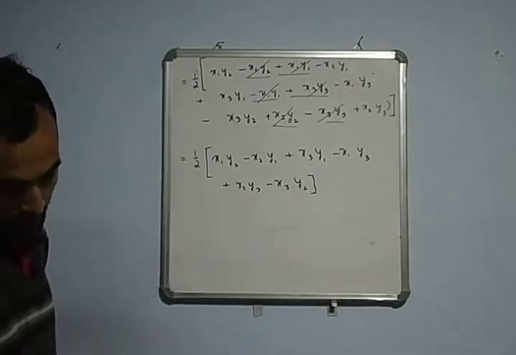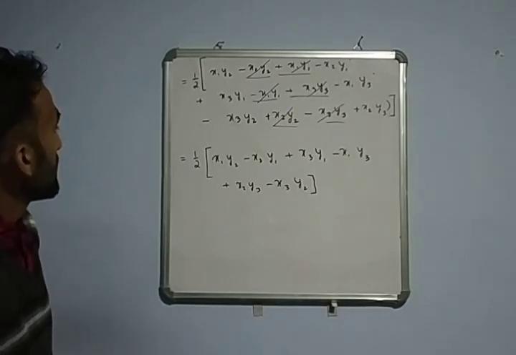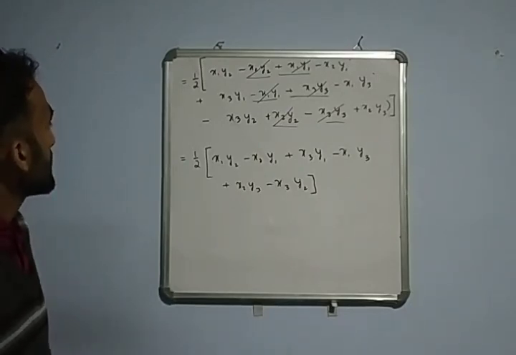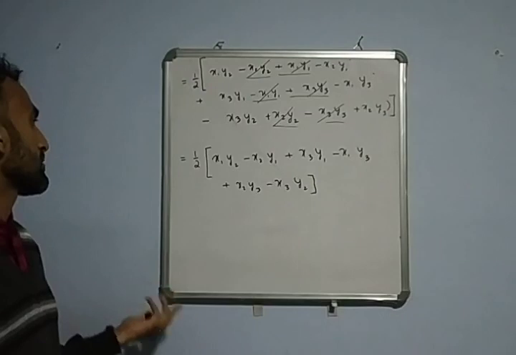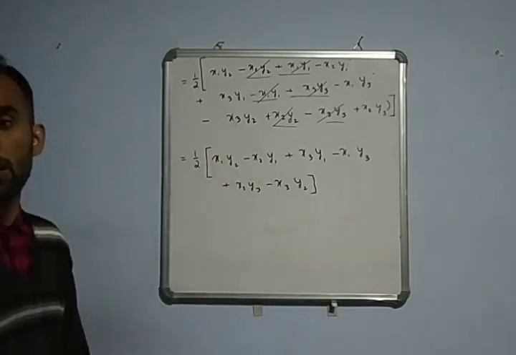Or you can do one thing, all the x1 you can put together, all the x2 you can put together. This is also the area of the triangle.